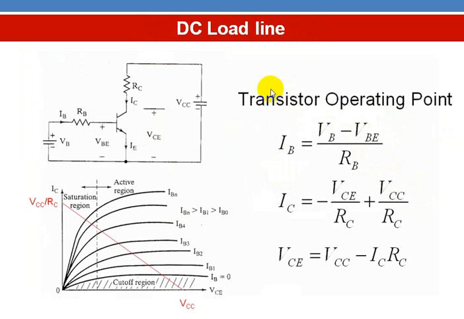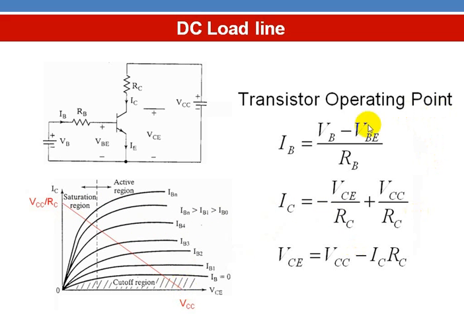Let us see about the DC load line. We have to draw the load line and fix the operating point on this line. Mostly we use this load line to fix the operating point when we are operating the transistor as an amplifier. This point corresponds to collector to emitter voltage equal to 0, and this point corresponds to collector current equal to 0.